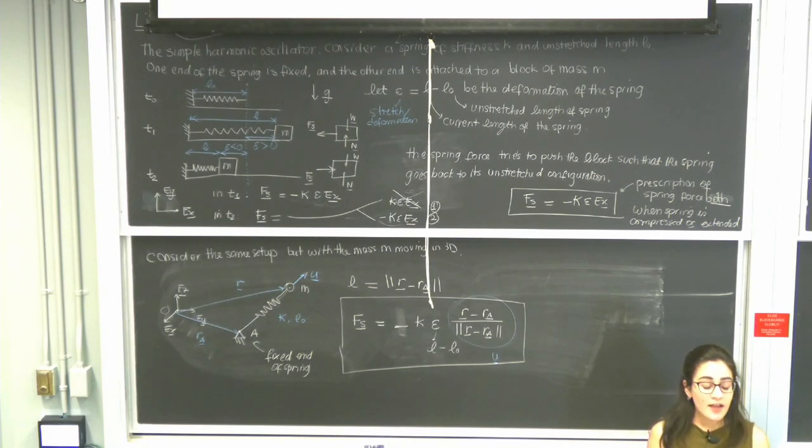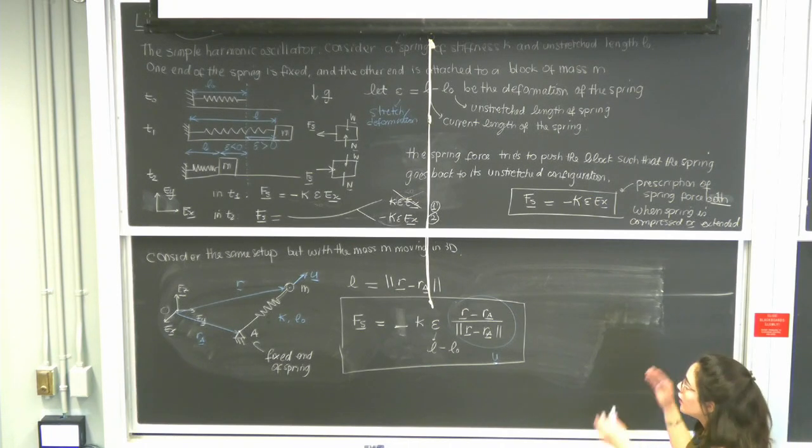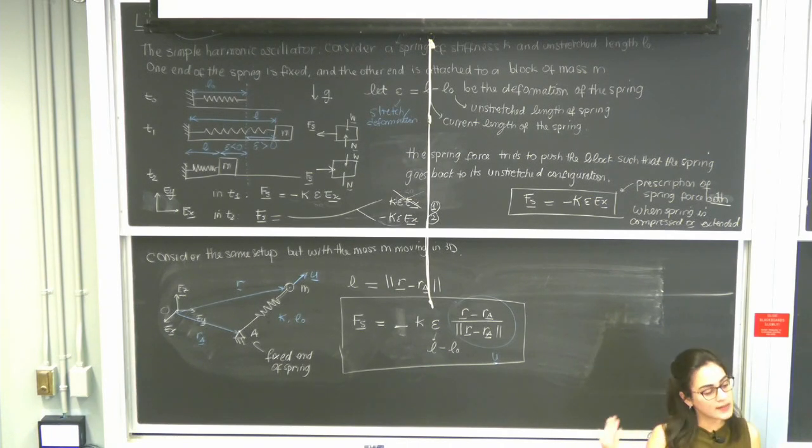Okay, that's great. Let's do a couple examples of deriving the equations of motion for our simple harmonic oscillator when it's along the horizontal and along the vertical.